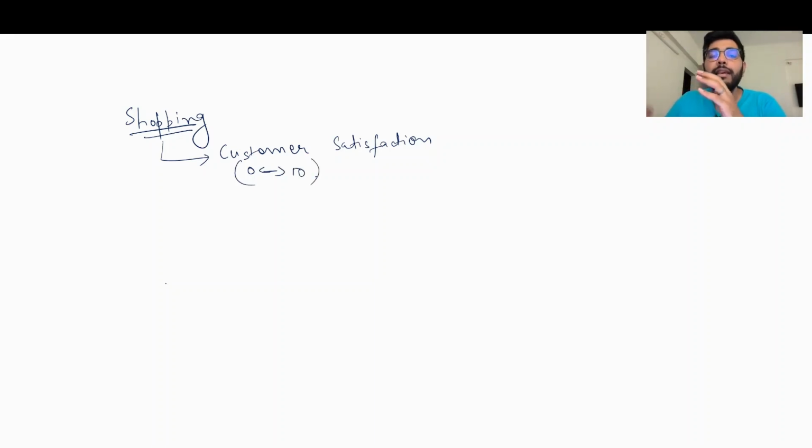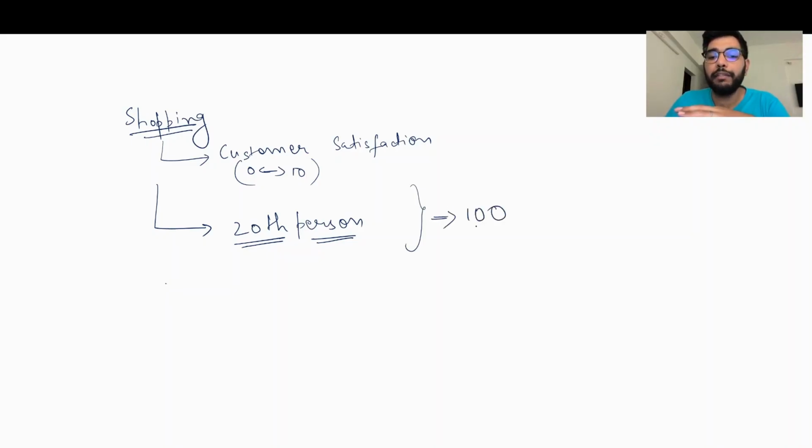Customer satisfaction score means every person walking out of the shopping complex, I want to ask them of their experience, and that experience they can rate from 0 to 10, 10 being the highest, 0 being the lowest. Now, instead of asking every person of their experience, I apply systematic sampling and I ask every 20th person to give their satisfaction score, how they felt while shopping in my complex. After let's say 100 people have given their score, I'll do an average of the customer satisfaction score.